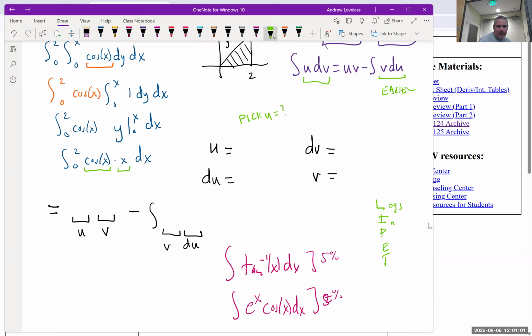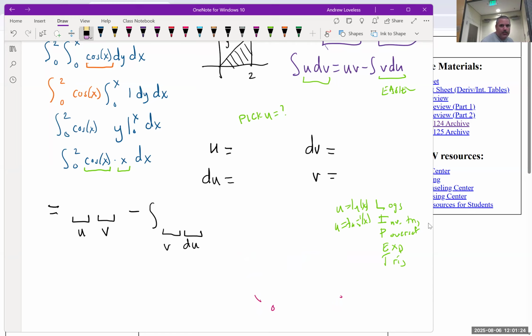A quick answer is we would like things that we know the derivative of, like logs or inverse trig. If those are there, we're going to pick that to be our u, because there's nothing else that we can do. There's no way we can make progress.